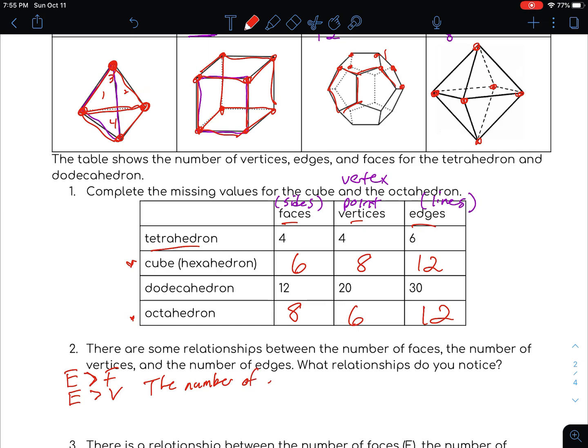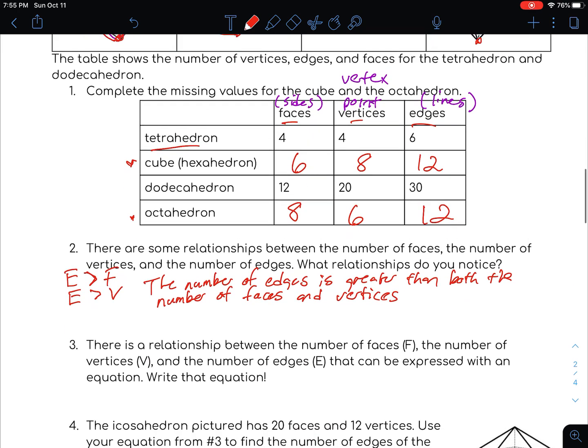So the number of edges is greater than both the number of faces and vertices. Okay.